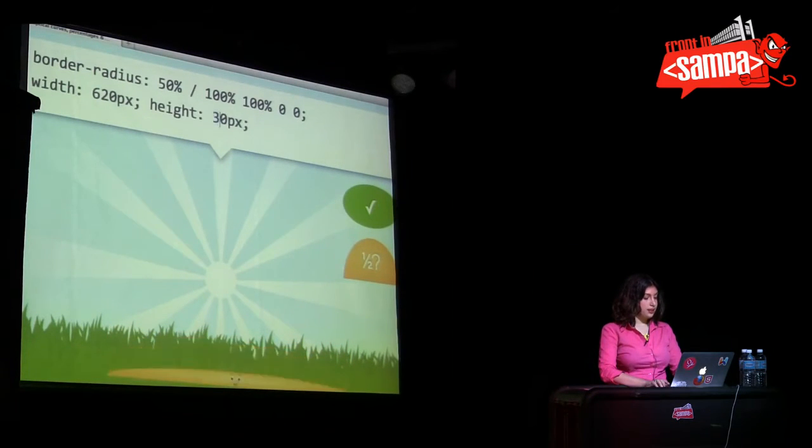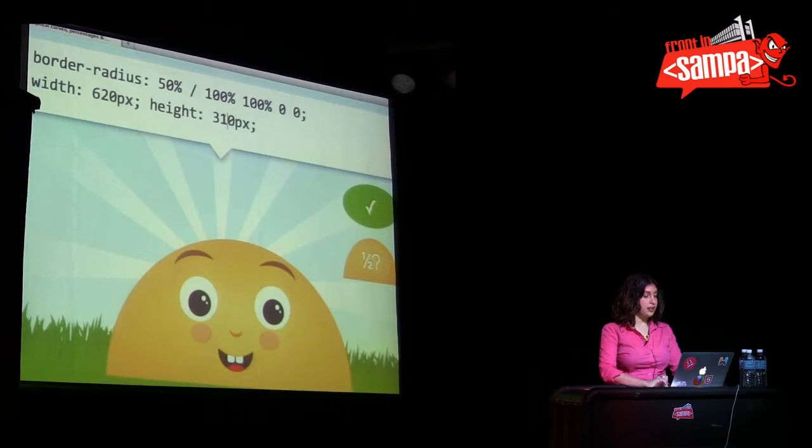And if the height is half the width, then you have a semicircle, half a circle, instead of half an ellipse. So we can also do half an ellipse.